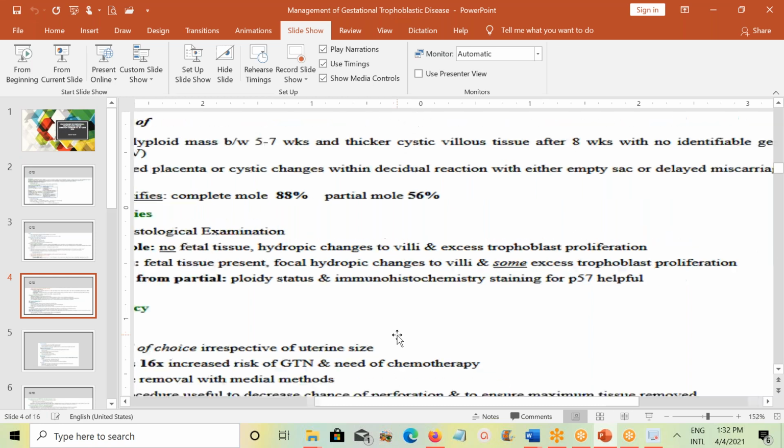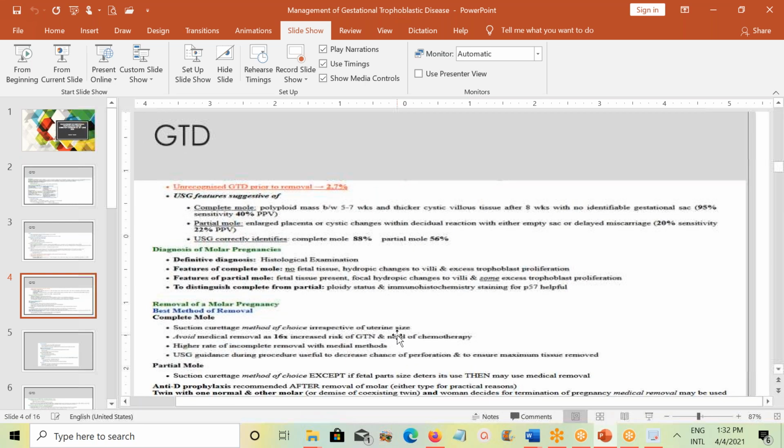Like you have done the ultrasound and only the sac is there, the baby is not there. So this is just a complete mole. If we are offering her misoprostol, we should know that it is not a good option, because there will be contractions and this neoplastic tissue will enter the maternal circulation. The chance of having gestational trophoblastic neoplasia in cases of complete molar pregnancy is very high, 16 times higher as compared to the normal pregnancy.